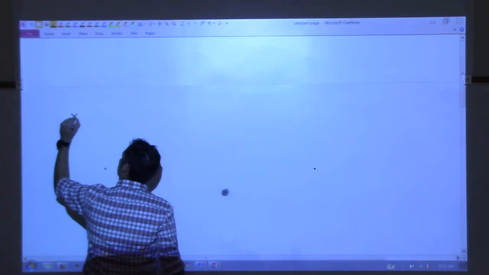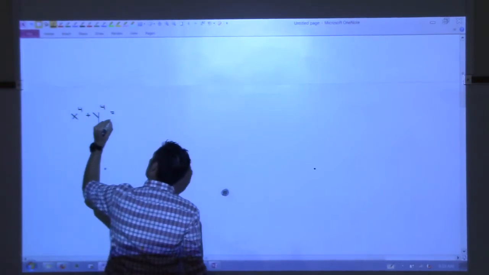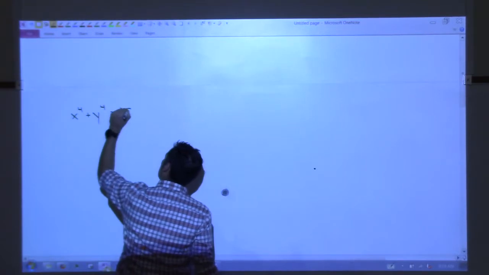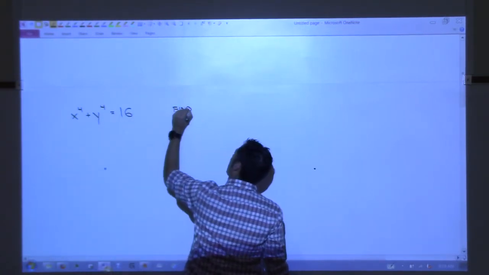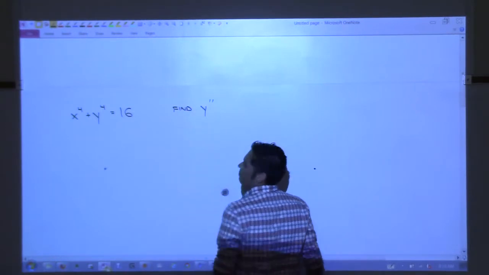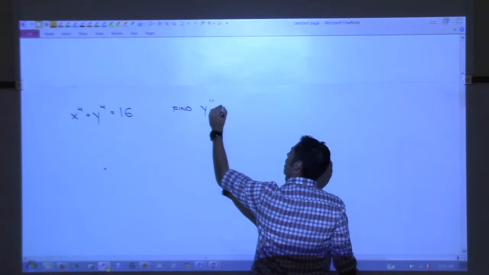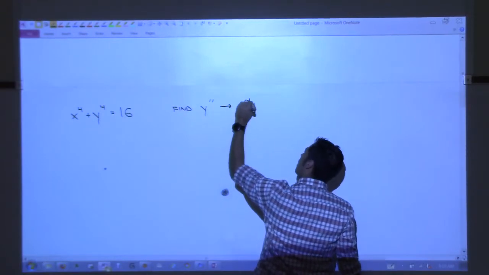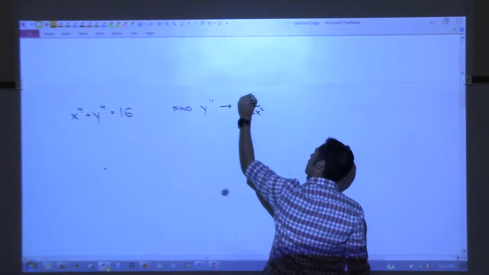Let's look at x to the 4th plus y to the 4th equals 16. I would like for us to find y double prime. In other words, I want you to find the second derivative of y with respect to x.